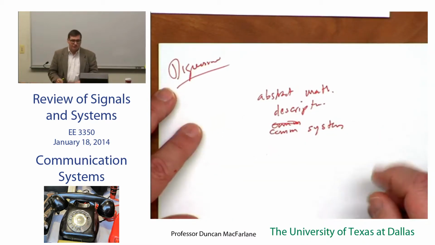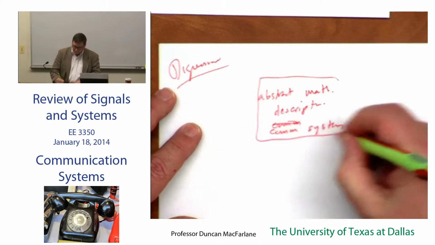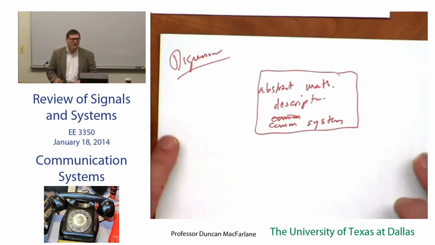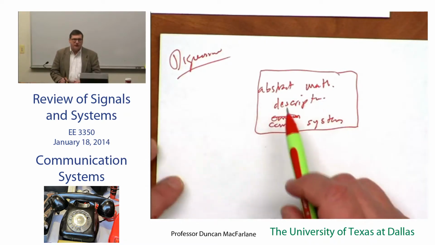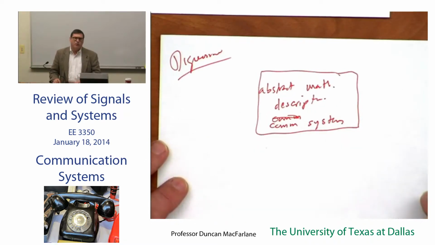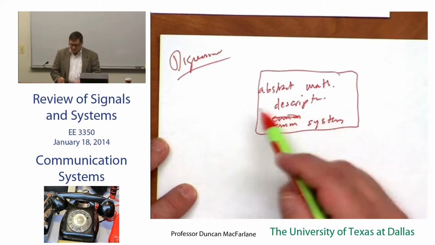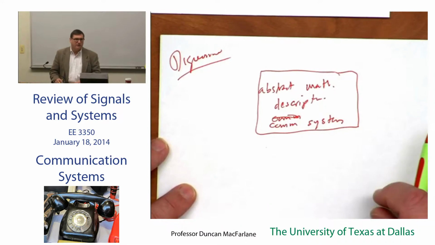And this is where a lot of the coding theory people live. This is where a lot of the advanced theoretical people live. This is, let's say, 80% of our course: the mathematical manipulations that describe AM, FM, and so on.